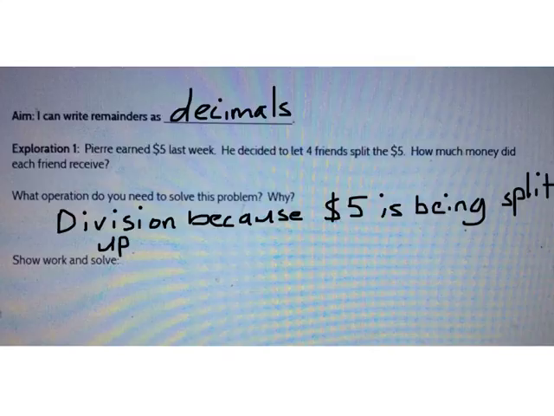This is a division problem because $5 is being split up. So I'm going to divide $5 into 4 groups. How many times does 4 go into 5? 4 goes into 5 one time. What's 1 times 4? It's 4. When I subtract, how many do I have left over? 1.